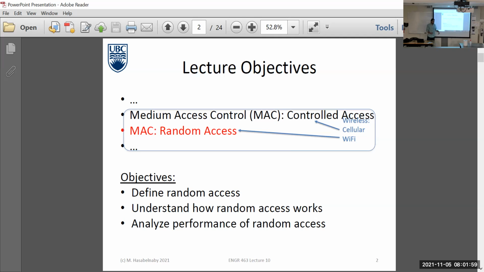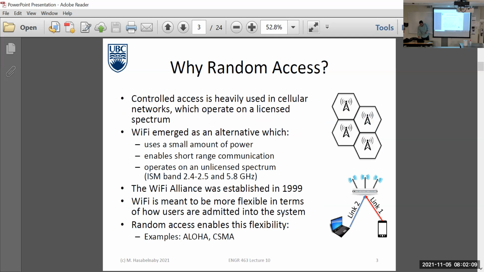Random access, we use random access techniques to provide flexibility to the network. So it will be used in local area networks, Wi-Fi networks, something like that. And as I told you, random access is preferred in Wi-Fi.